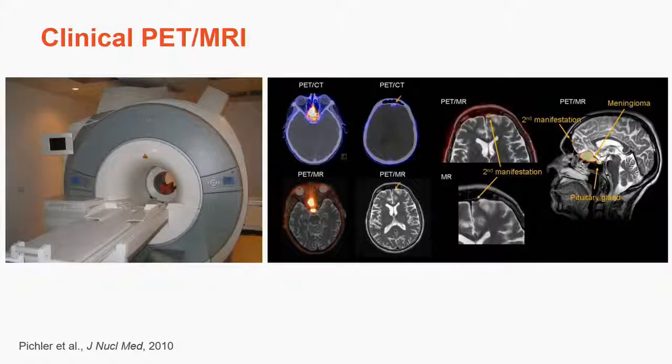And we also have clinical PET-MR systems available that are able to do the same in the clinic, and there are many groups studying the applications of these systems to find out exactly where the applications lie.